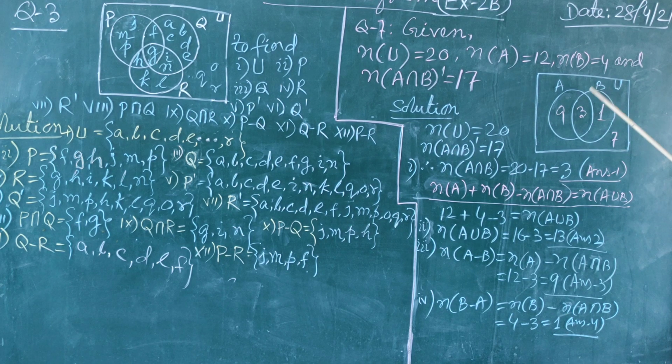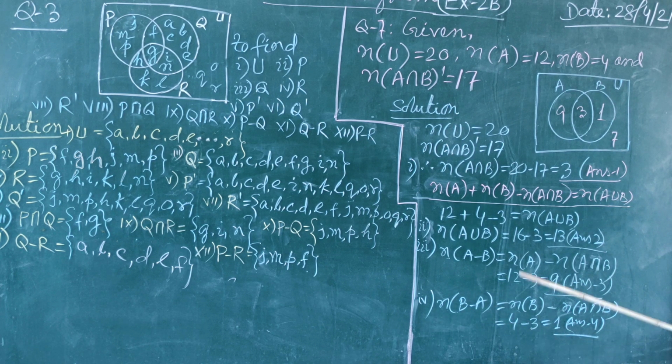Because the complete cardinal number includes this intersection part. If you leave it out of the total, you will find the subtraction part. You understand me? So n(A) minus n(A intersection B), that is 12 minus 3, that is 9.